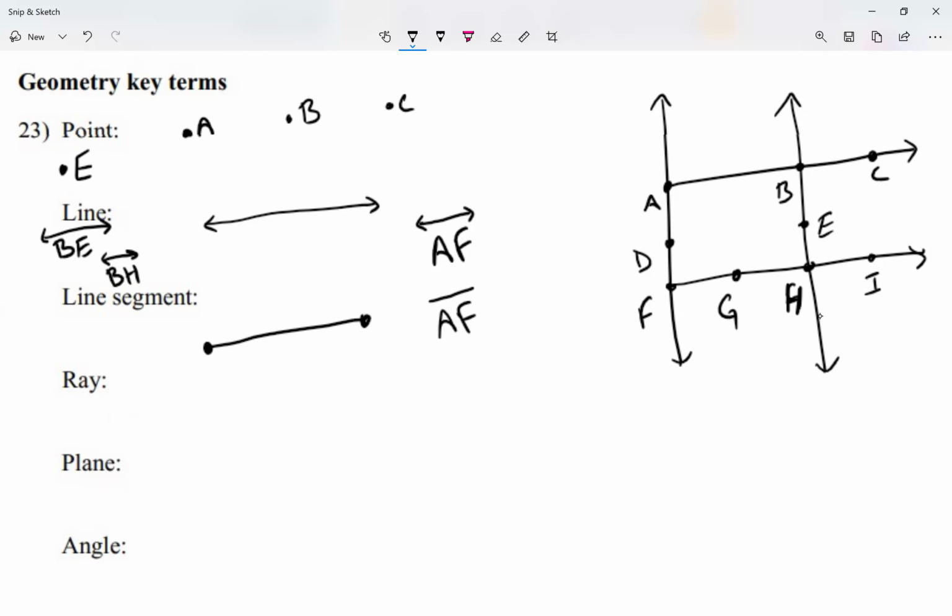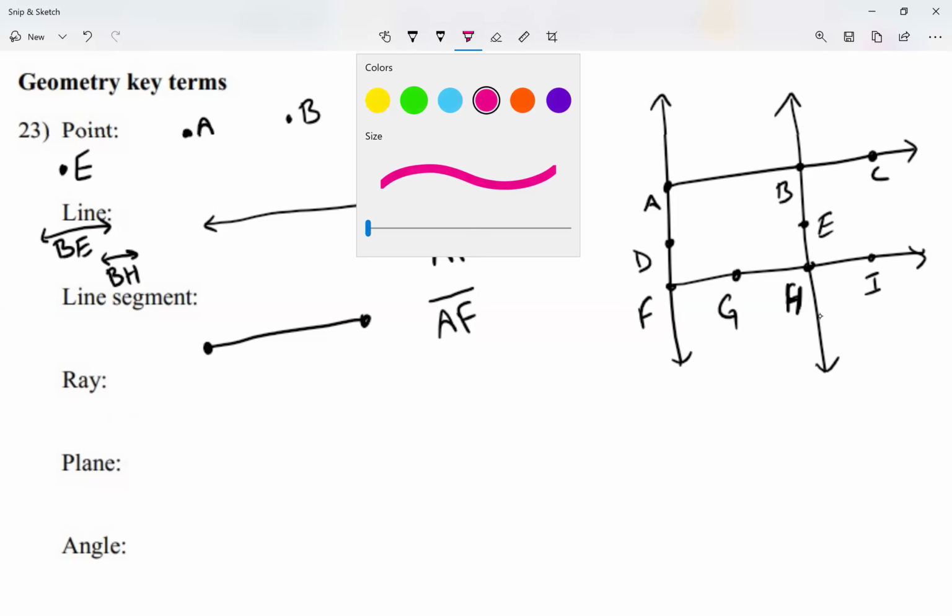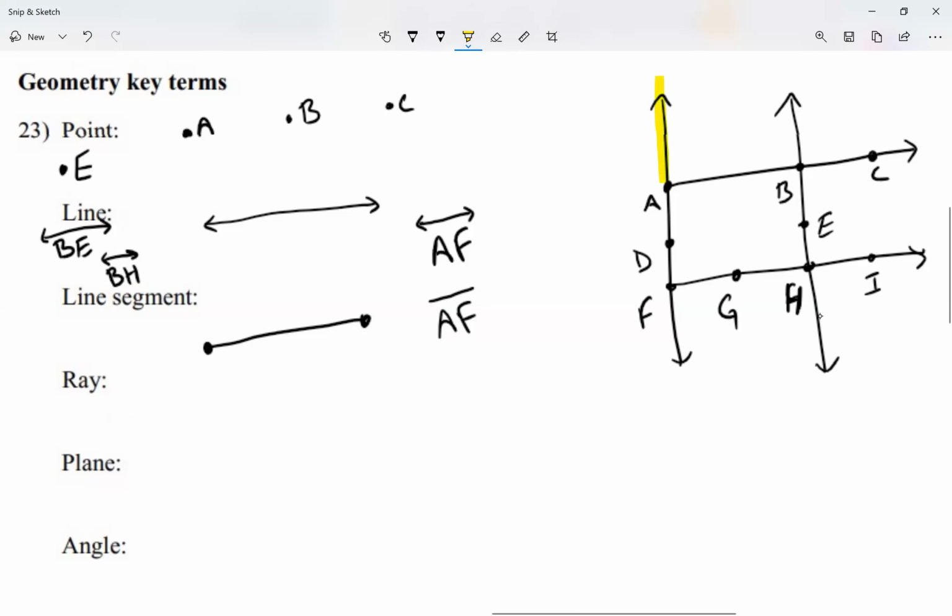Notice for line, I called it AF, and I said that was a line. And now AF, I'm calling it a segment. The difference is that when this was a line, it did continue on forever. I was talking about this whole thing and it continued on forever. That was the line AF. Now the segment AF is just this.